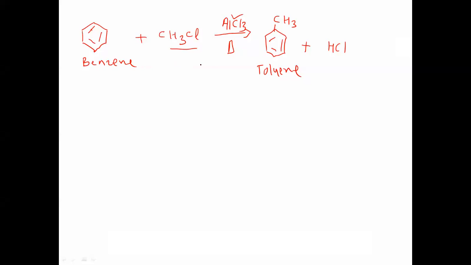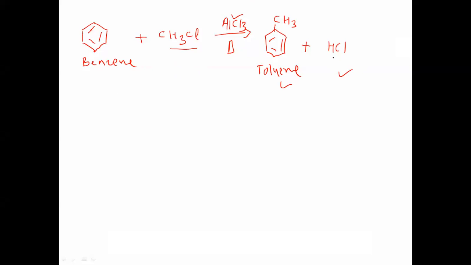So let us calculate its atom economy. If you look at the reaction, you will find there is a main product, toluene, and also a byproduct. So definitely we can say atom economy is not 100%. We have wasted atoms.